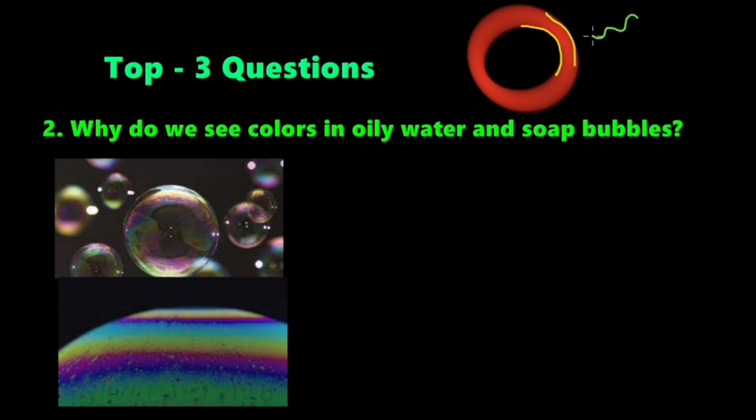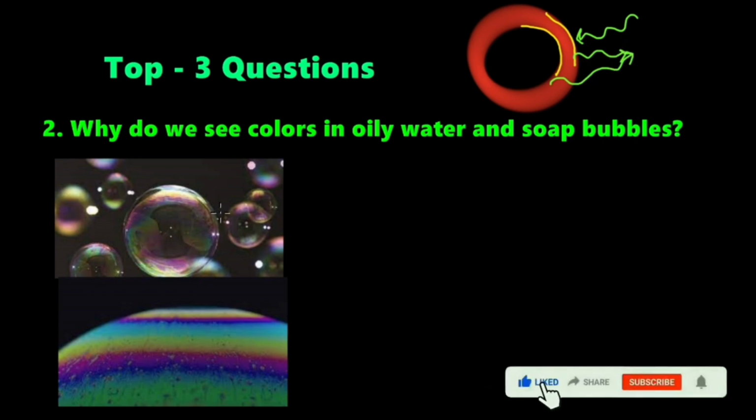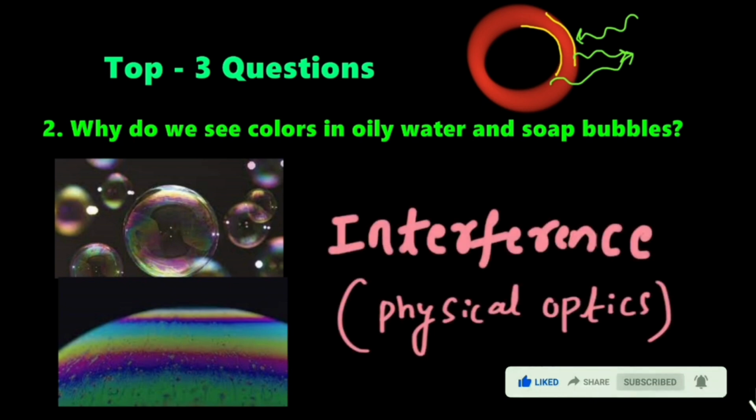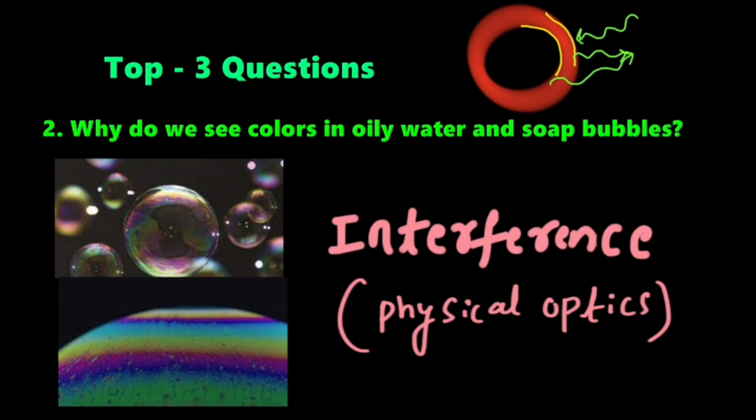When a light is incident on such a water bubble, it undergoes reflection from the top surface as well as from the bottom surface. And these two reflected lights undergo interference and produce some kind of colors here, and this is due to the interference of light. So the answer for this question is interference of light.